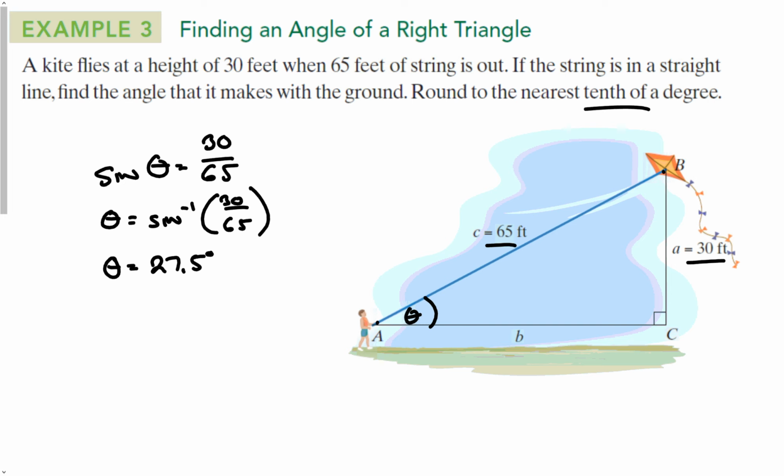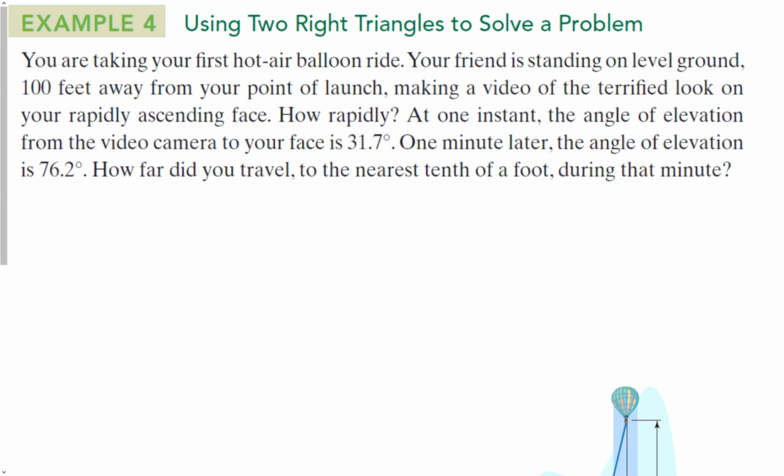Okay. So altogether, it's not too bad when we have to either solve a triangle or solve for one thing specifically. This next problem has two triangles inside of it. We'll look at the picture in a second, but see if you can visualize this picture before I actually show you. You are taking your first hot air balloon ride. Your friend is standing on level ground, 100 feet away from your point of launch, making a video of the terrified look on your rapidly ascending face.